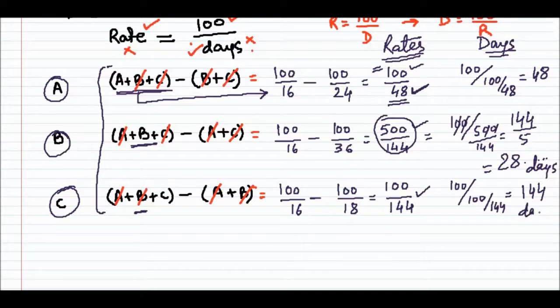So you do the calculation and you'll find these are the number of days it will be taken by A, B and C respectively to complete the same task. Okay, so I hope that this logic is clear. The calculation part I think you can do, but the main part is the logic part, and how we first find the rate and after that how we go into the days.